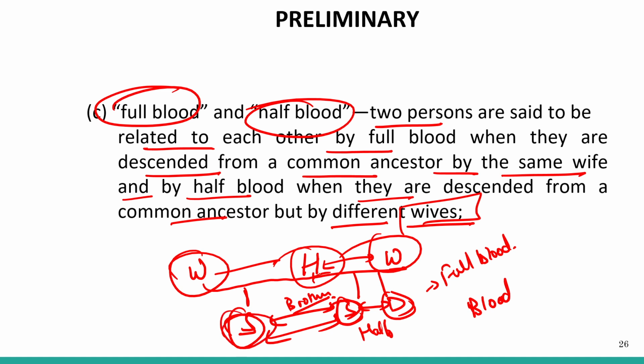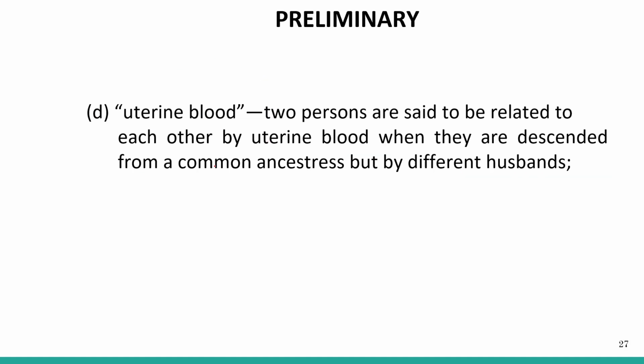The father might be the same, but since the mother is different, both of them will have the same father but different mothers. So they will be considered half blood relations. I suppose you are now able to understand what full blood and half blood are. So this is what is important.